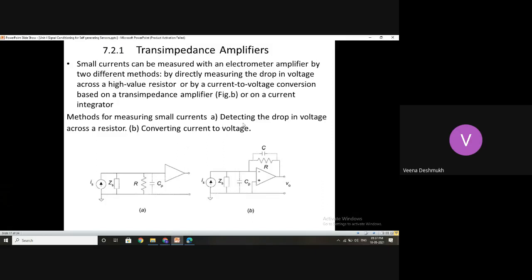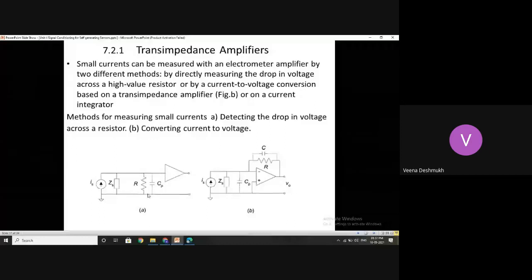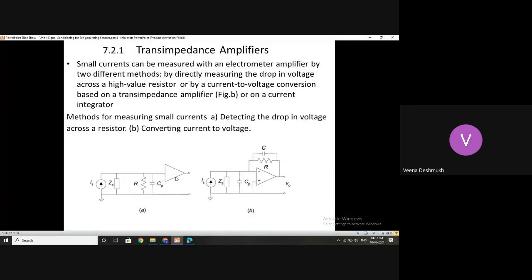So the methods for measuring small currents: one is detecting the drop in voltage across a resistor. Make this current flow through this resistor and measure the drop across it. That voltage you can connect to the op-amp or any amplifier circuit and amplify it in terms of voltage. So this is basically measuring the drop. Another way is by making this current flow through this path and charge this capacitor.